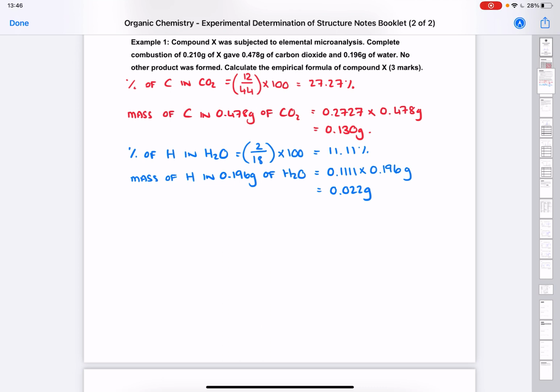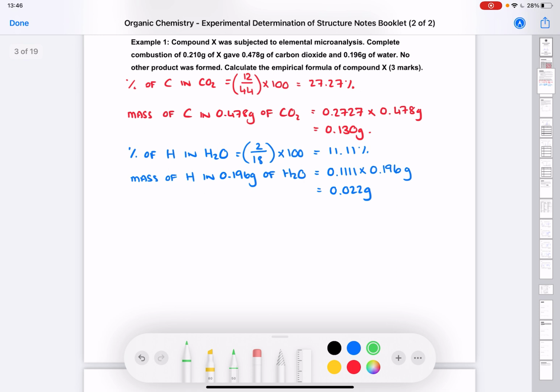Now, what we need to do next is find out, did the substance have any oxygen present? So we combusted 0.21 grams of X, and we know that we've got 0.13 grams of carbon and 0.022 grams of hydrogen.